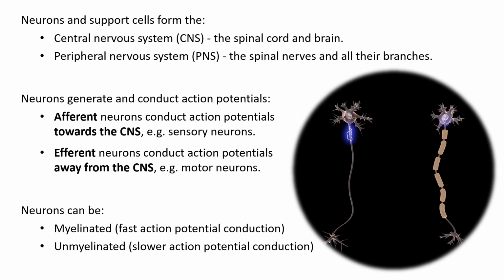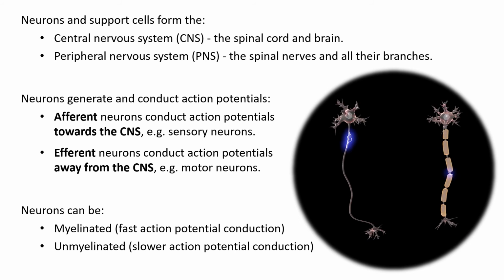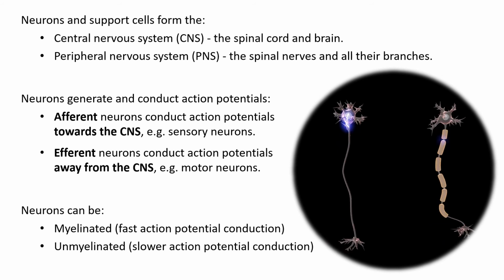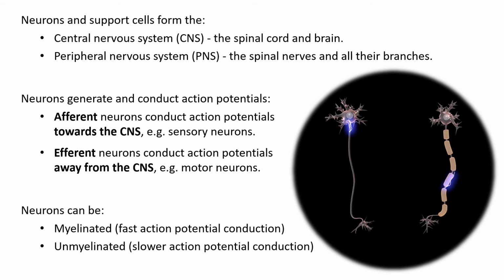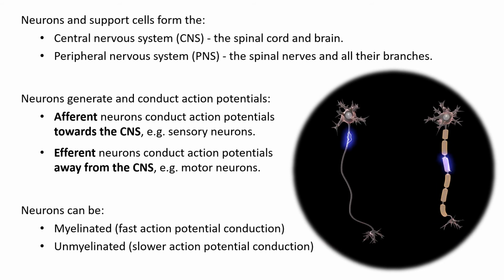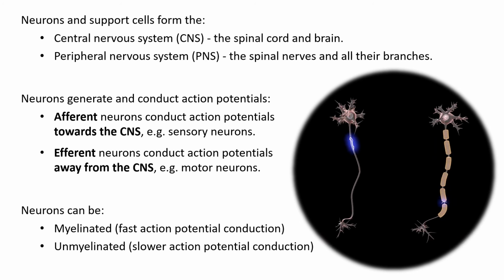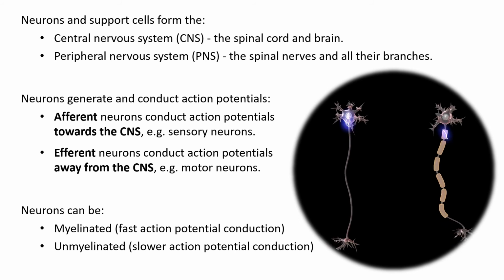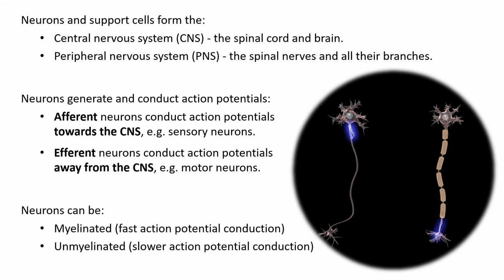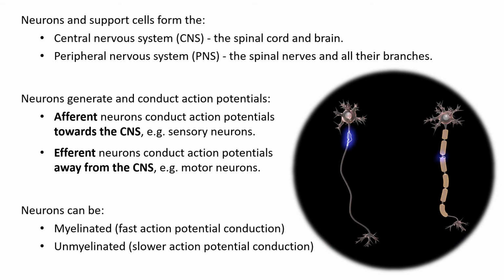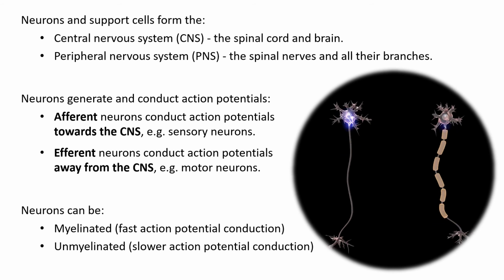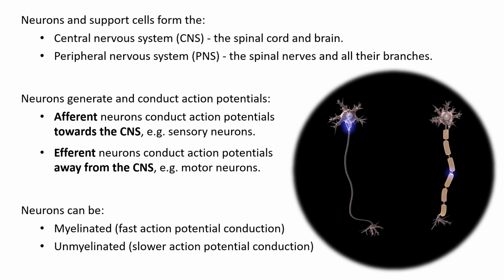We can also differentiate neurons as to whether they are myelinated or unmyelinated. And in this lovely wiggly worm picture here, you can see that the one on the left is unmyelinated. The one on the right is myelinated, those beigey lumps, sausage-like shapes along its length are areas of myelin that insulate the axon of the neuron, and they make the conduction speeds much faster.